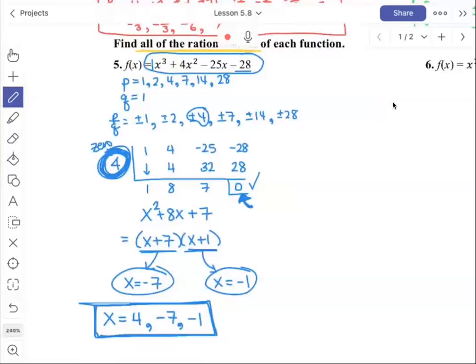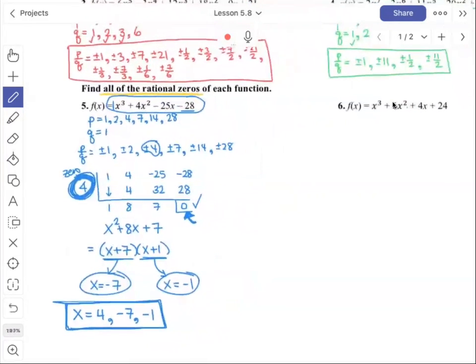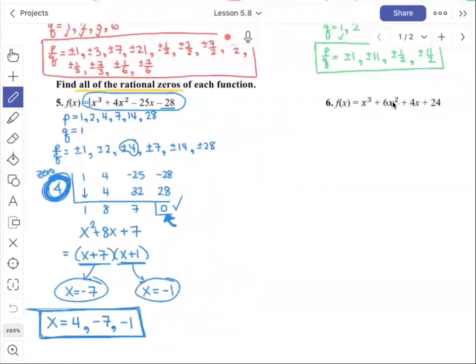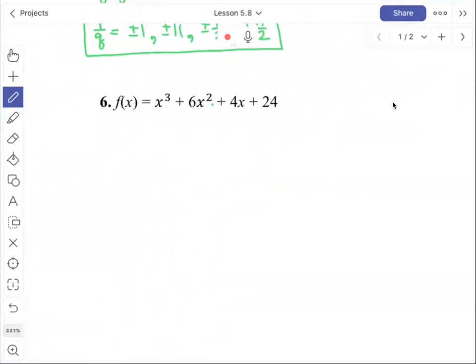I wish I could give you a quick and easy way to spot the right one. Unfortunately, there isn't a way to just spot the right one.